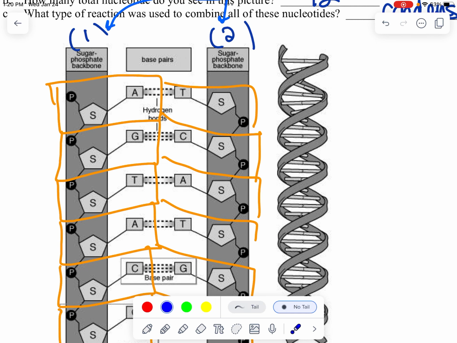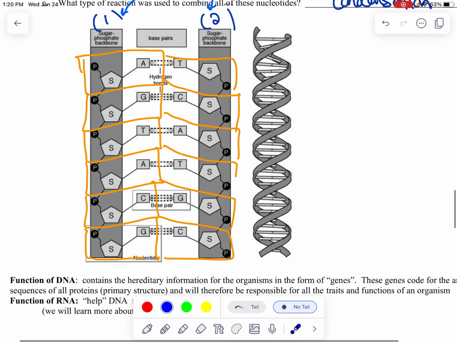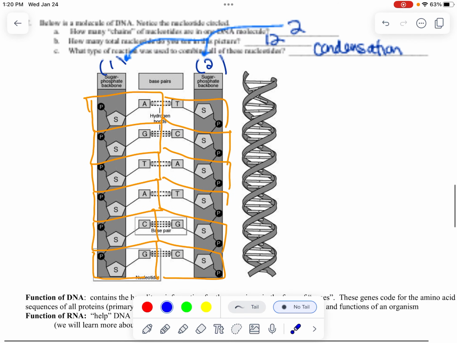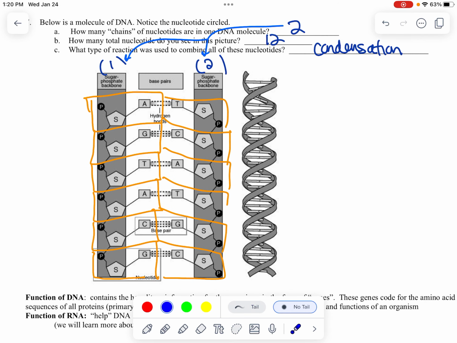They face in such a way that, as we'll see later, the nitrogen bases face the middle and make steps. It looks like a ladder. And the 3D structure of this is what we call a double helix, which is what DNA looks like. I think everybody has seen this.